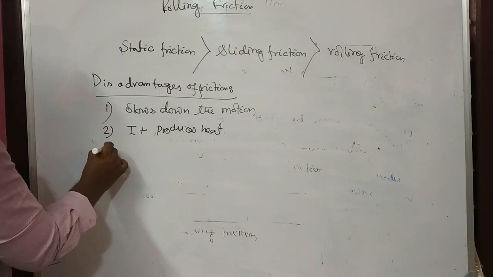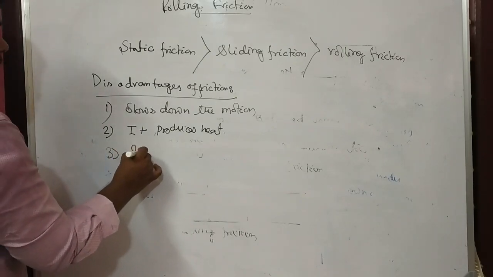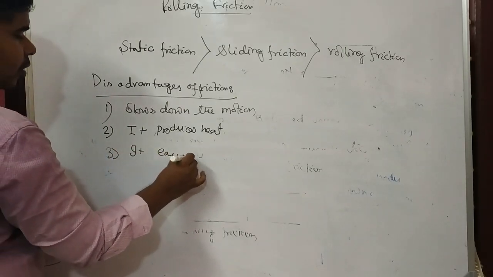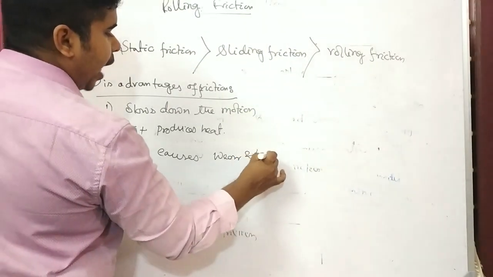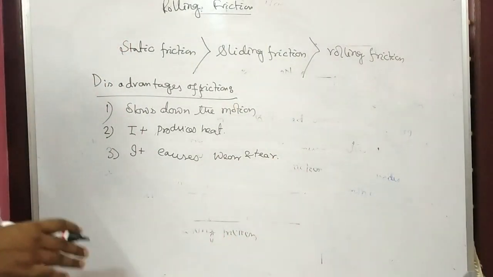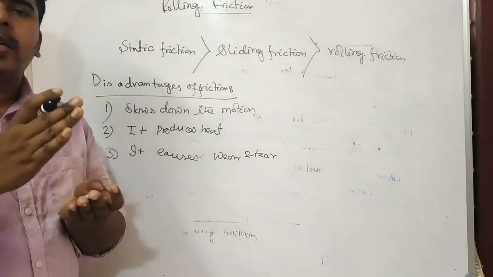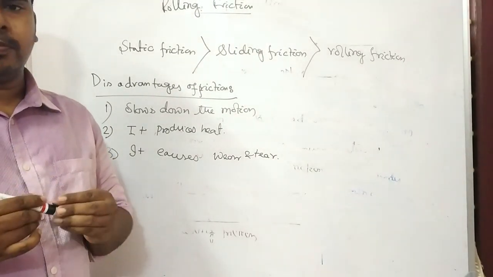Number three, it's a very important thing: it causes wear and tear. That effect also you have learned. So it becomes decayed, worn and torn due to friction.